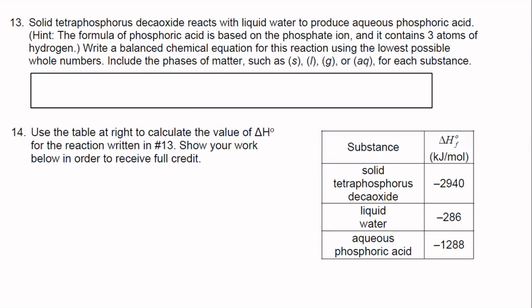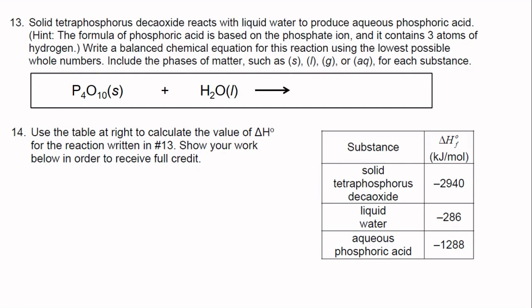Number 13, solid tetraphosphorus decaoxide, so P4O10, reacts with liquid water, H2O, to produce phosphoric acid. Now, since phosphate is PO4 minus 3, then we need 3 hydrogens to go with it.